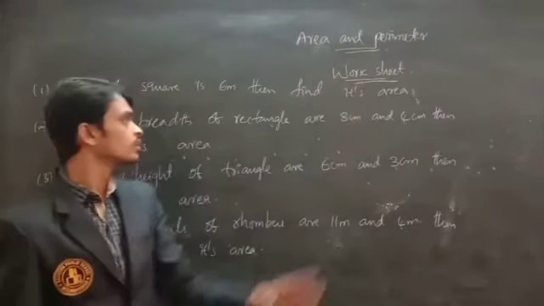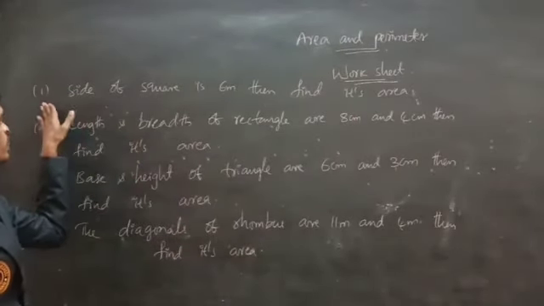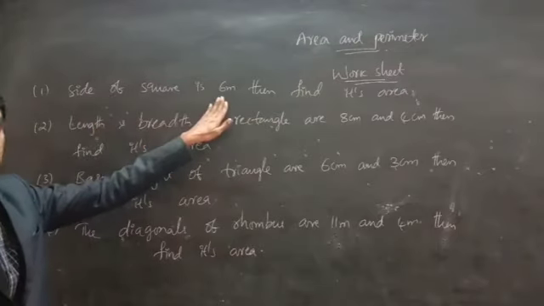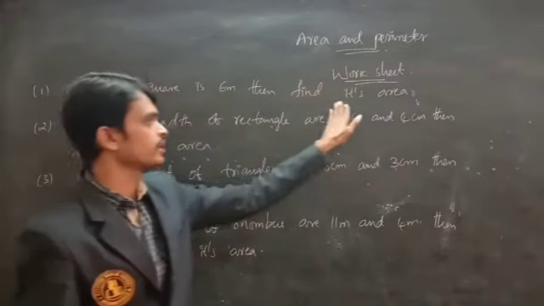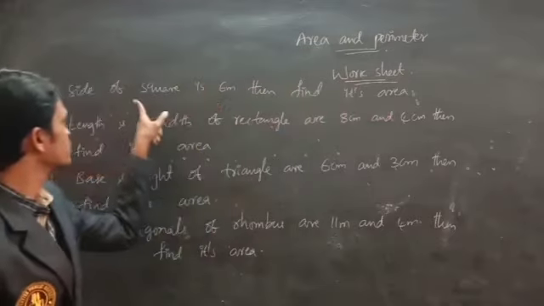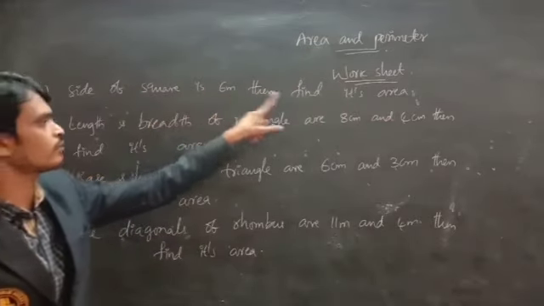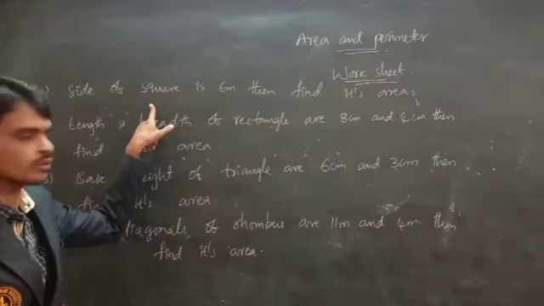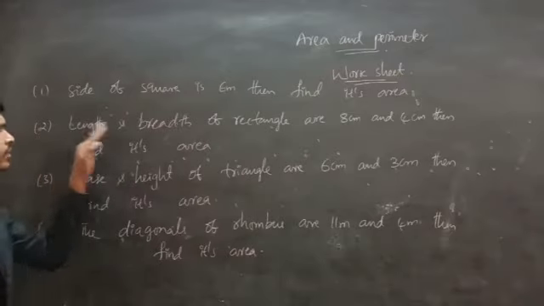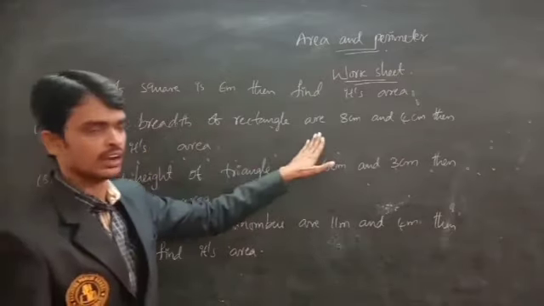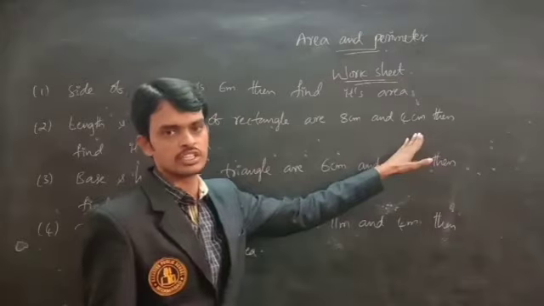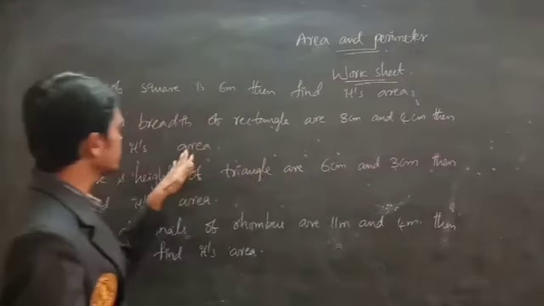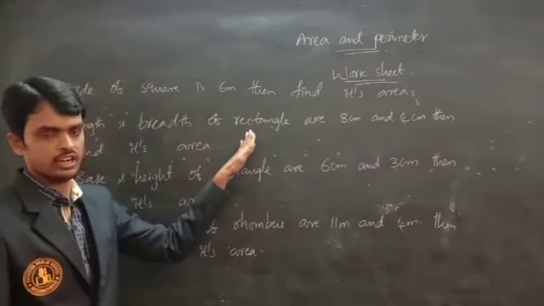Now worksheet. First problem: side of a square is 6 meters. Then find its area. So the side of a square is given as 6 meters, and we have to find out the area of the square. Now second one: length and breadth of a rectangle are 8 centimeters and 4 centimeters. Find the area of the rectangle.